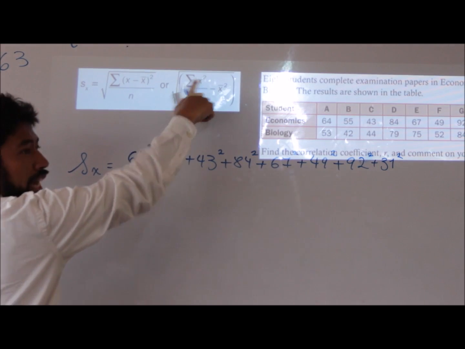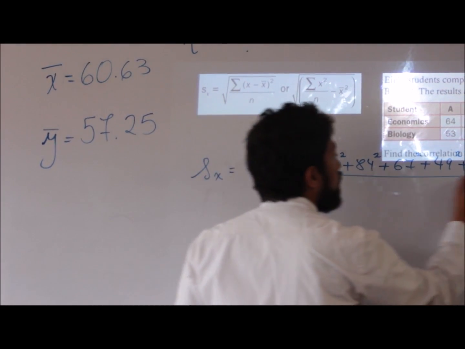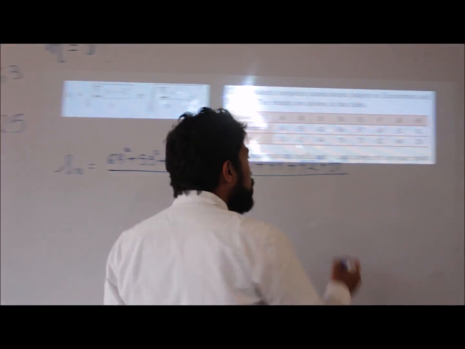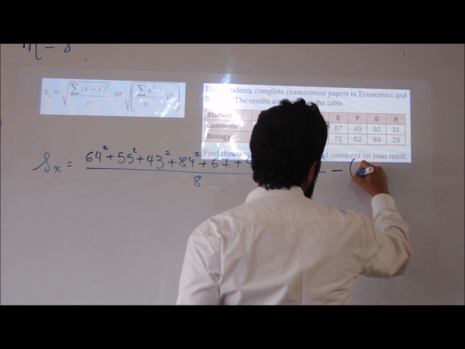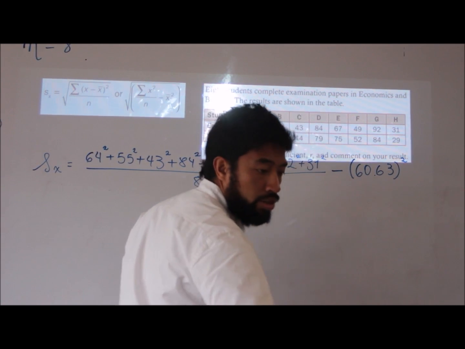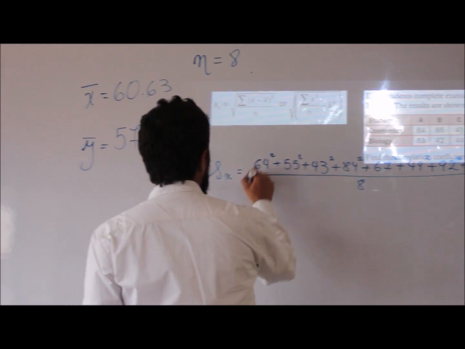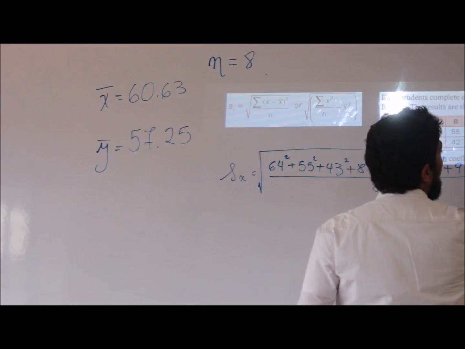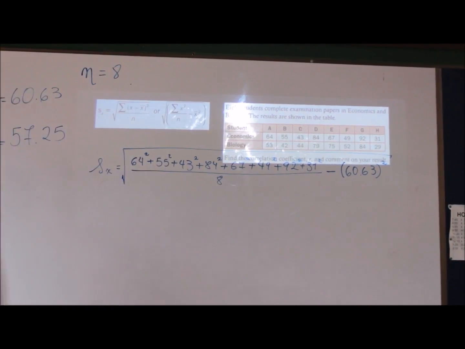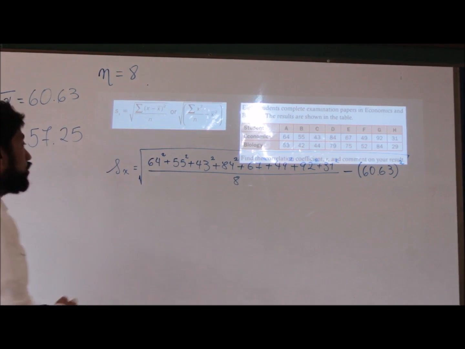That's the sum of the x squared divided by 8, minus 60.63 to the second power.